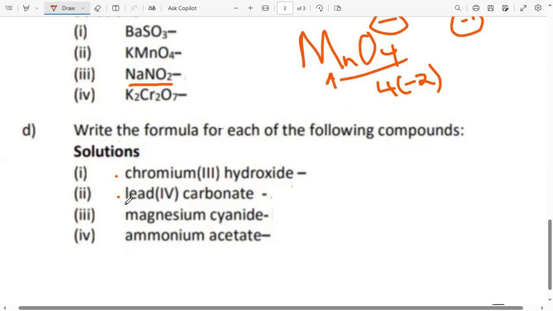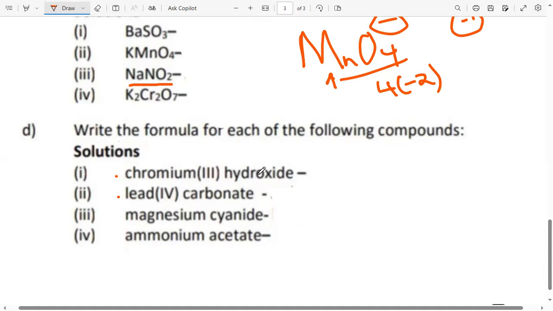Or when they say lead 4, it means that this lead is using the valence of 4 in that compound. Because the transition metals always have more than one valence, they always carry the valence that they are using in their name. So this is chromium 3 hydroxide.